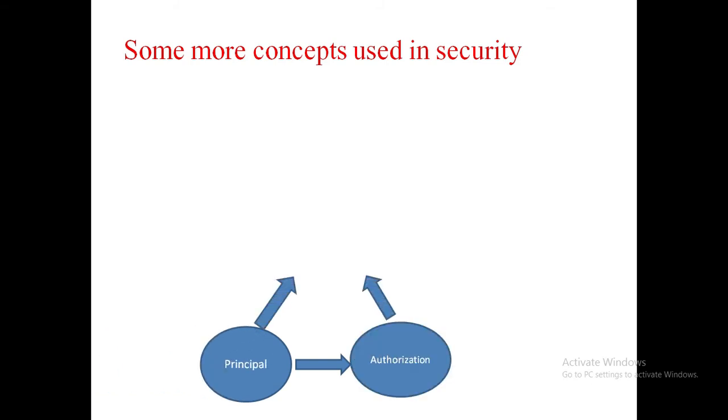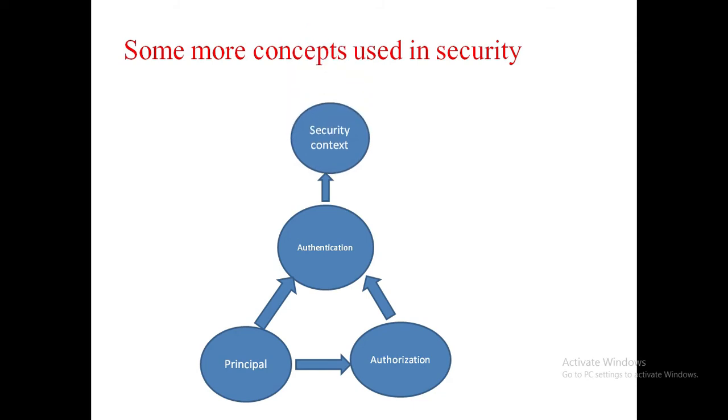Now using this principal and authorization, we populate one more object called authentication. This authentication object will have both details, principal and authorization. Now this authentication object will be populated in the security context. And where do we get this security context? The security context must be in the session.